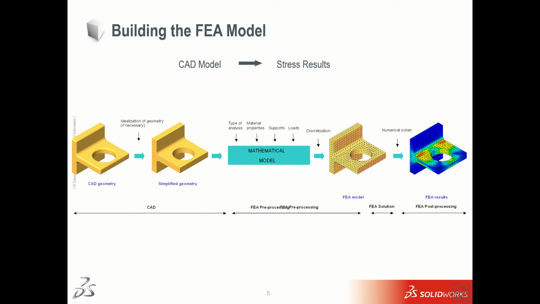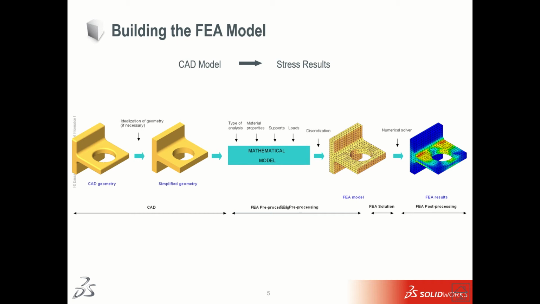Whatever your part or assembly is, you will first create it in the SolidWorks CAD module. After the geometry is created, you need to simplify it with the help of the defeature command, the idealization process, or cleanup tools. We will cover this in further simulation exercises.